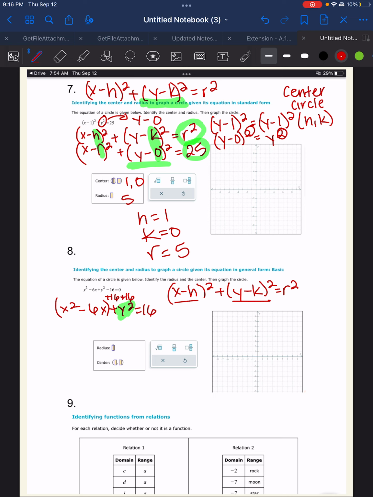I know I need my answer to say something minus something squared. Well, that reminds me of a quadratic. So that means I'm going to have to do ABC and complete the square.